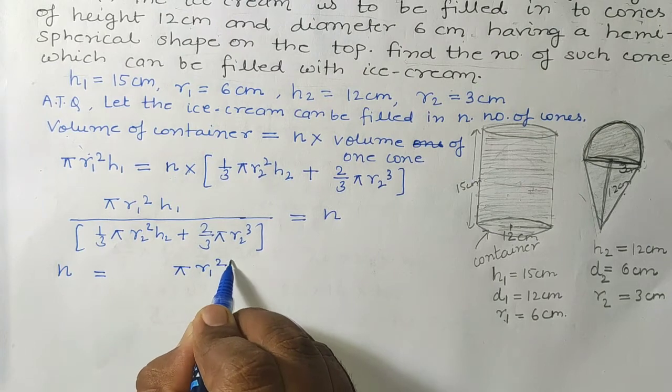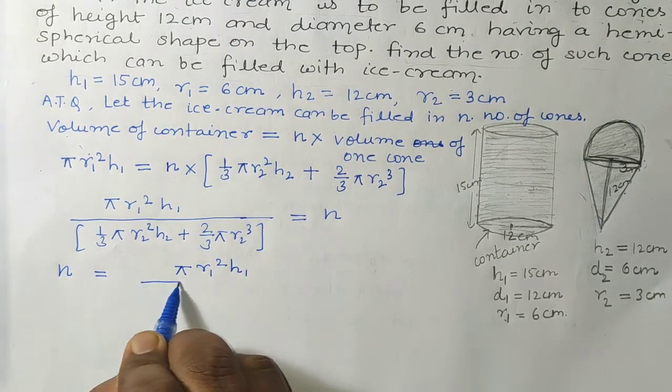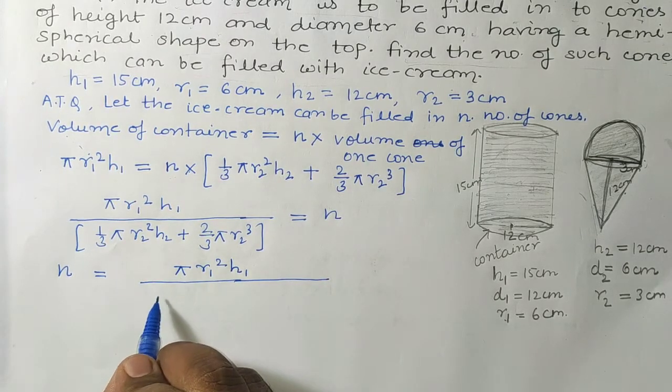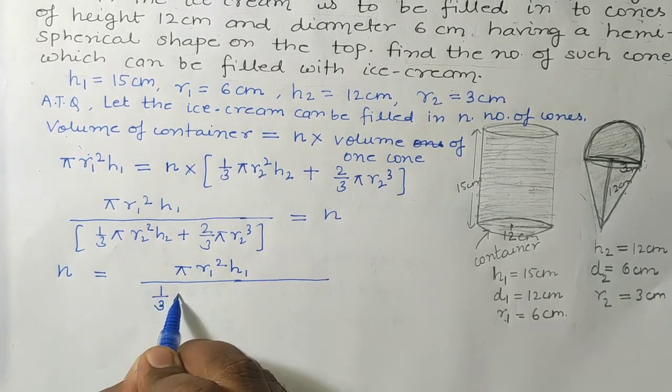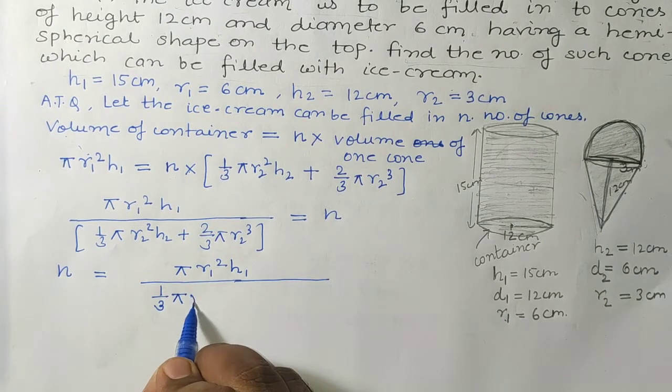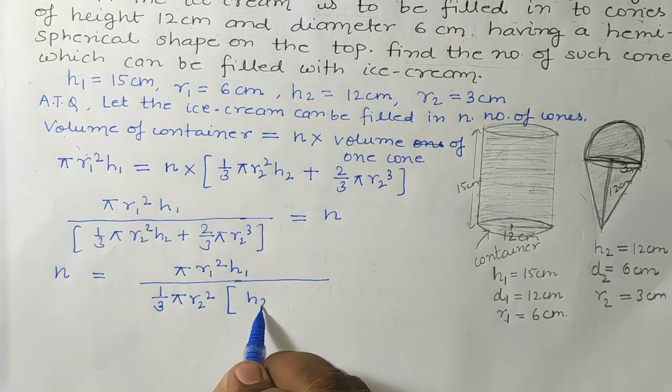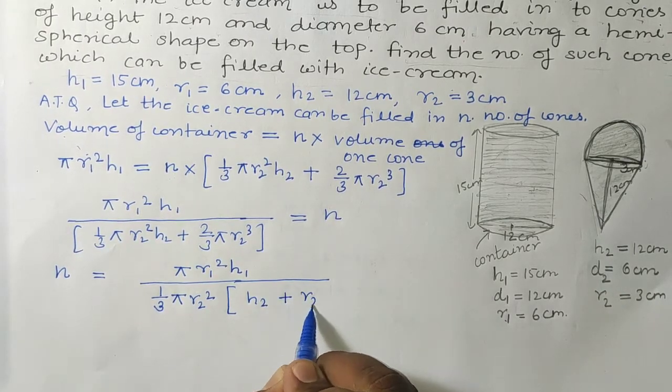N is written on the left hand side, and on the right hand side we have pi r1 square h1 upon, see students, in the denominator what can we take common? We can take common 1 by 3 pi and r2 square. So what is left? h2 plus r2.